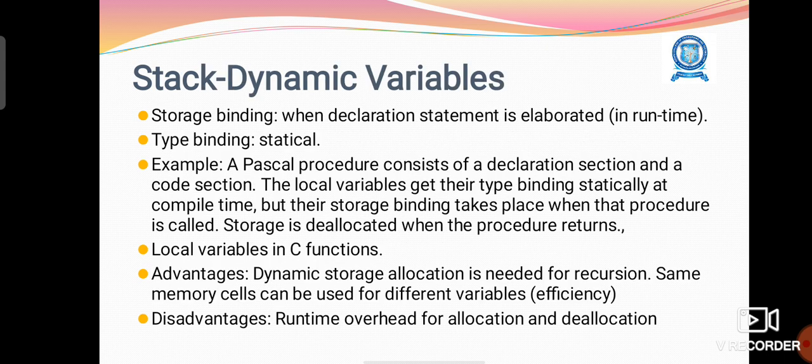Stack dynamic variables are bound when the declaration statement is elaborated at runtime. For example, a Pascal procedure consists of a declaration section and a code section. The local variables get their type binding statically at compile time, but their storage binding takes place when that procedure is called. Storage is deallocated when the procedure returns.